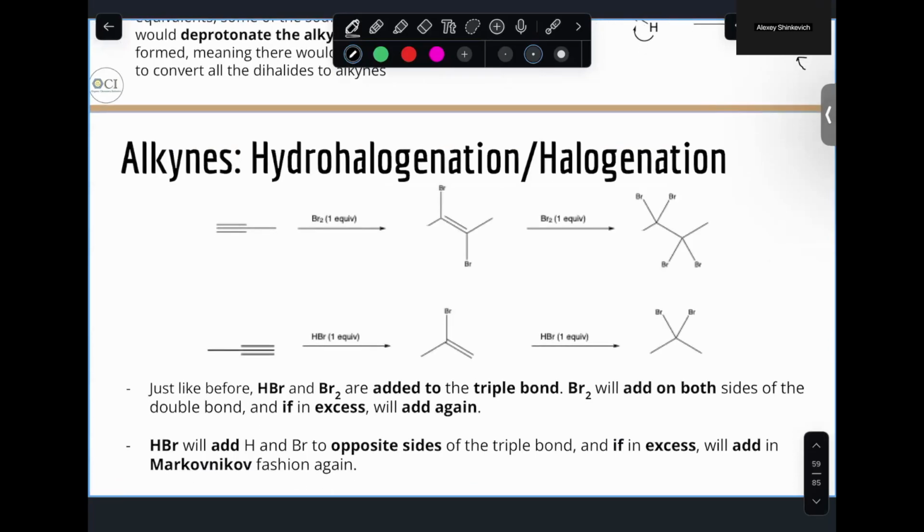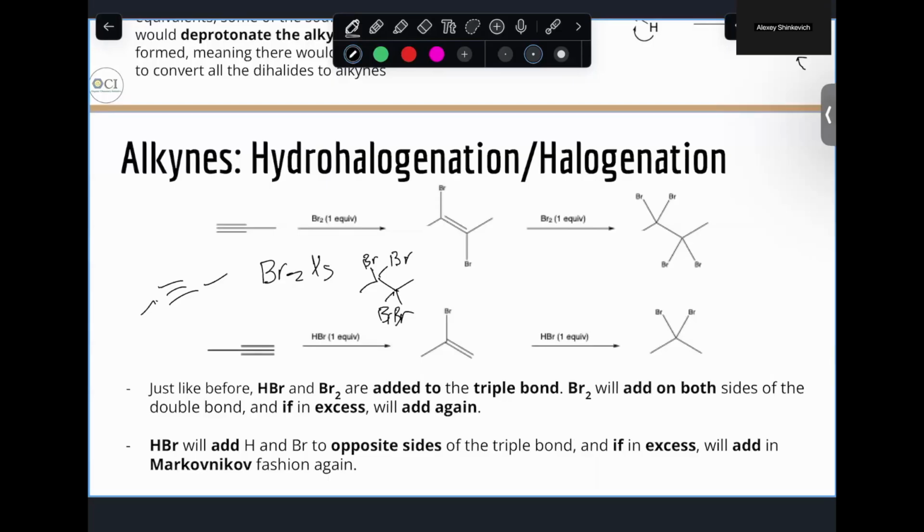This is hydrohalogenation and halogenation of alkynes. So basically, if you have an alkyne and you use bromine, Br2, excess, you'll get 4 bromines, like that.